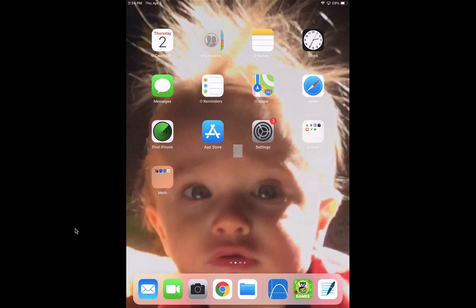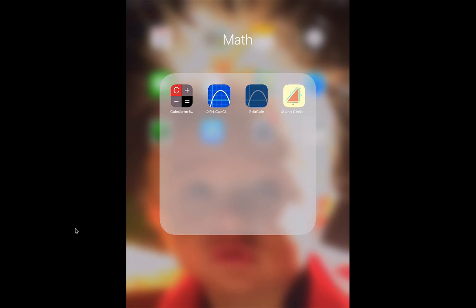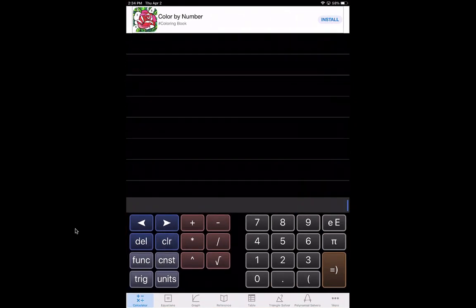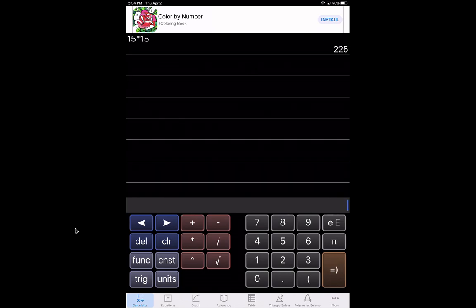So let's go to the calculator and multiply all that out. Make sure you square the radius first. Think of PEMDAS, how exponents come before multiplication. So make sure you square first. That's 225. Then you can multiply by pi.